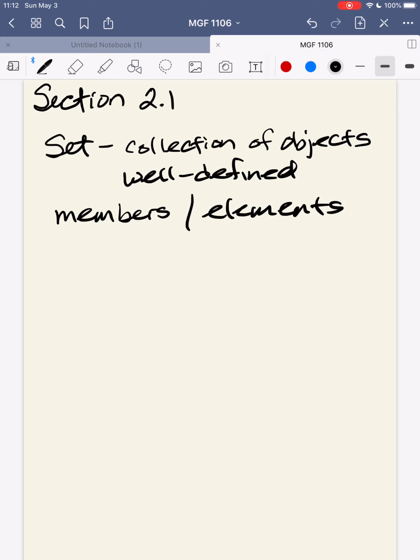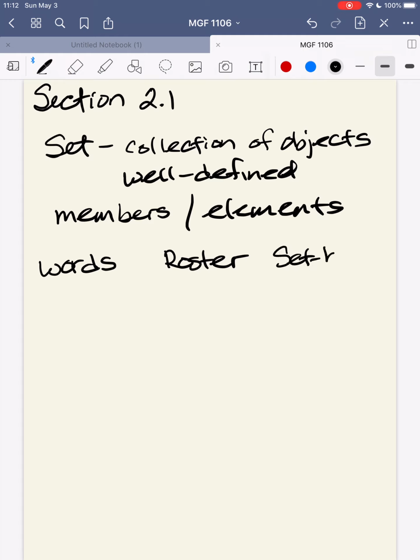And we have three different ways we can express sets. First, we can just write words. We can use something called roster method. And we can use something called set builder.